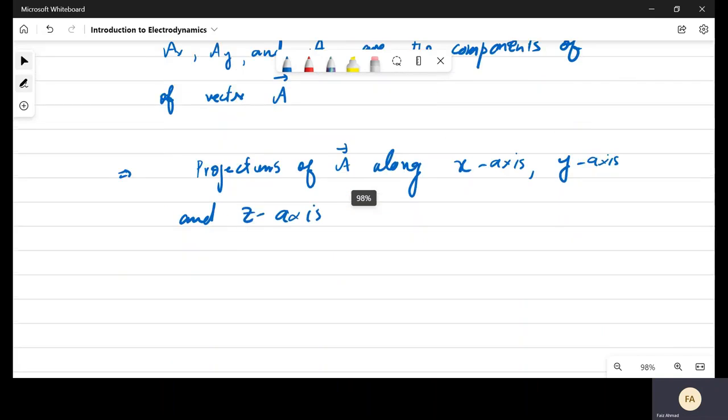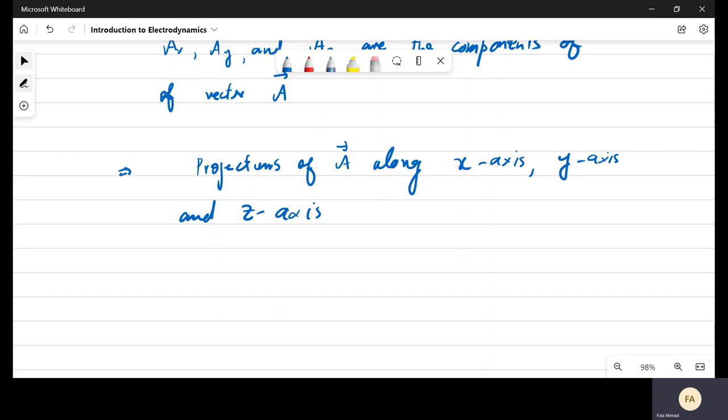So how do we calculate the projections? We calculate projection with the dot product. So ax is a dot x, ay is a dot y unit vector, and az is a dot z unit vector.